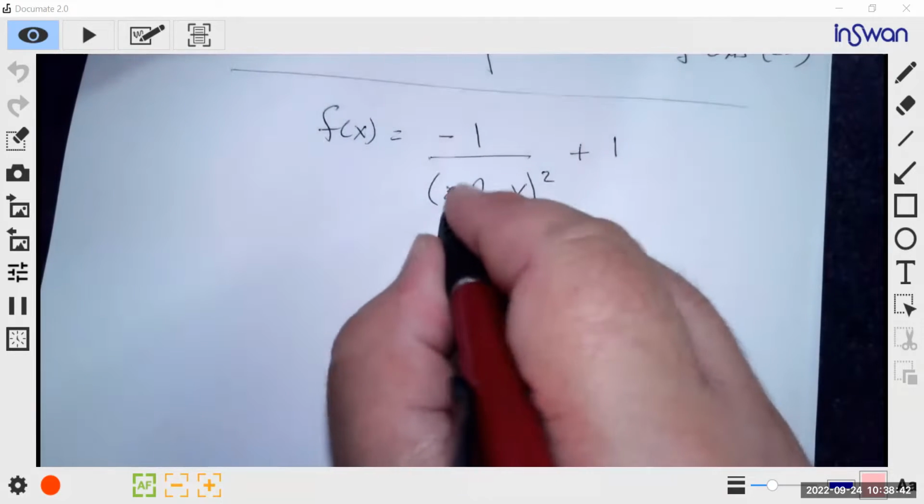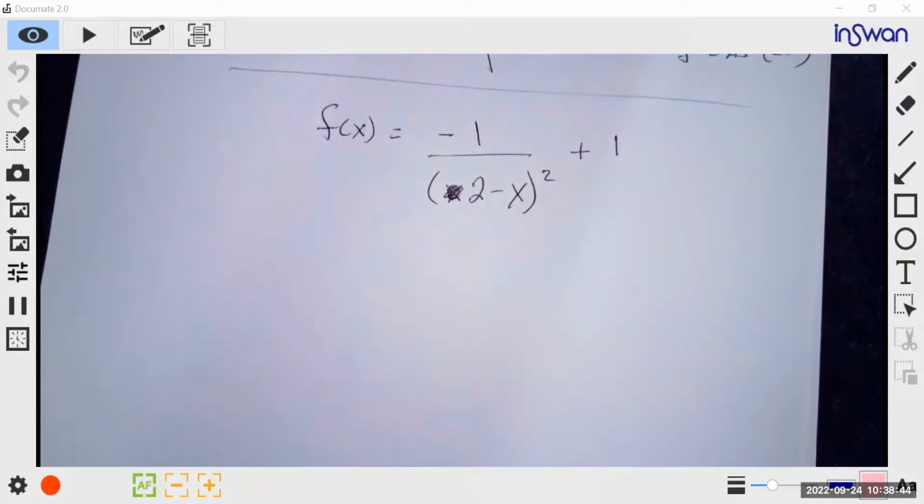There. -1 over (2 minus x) squared plus 1.